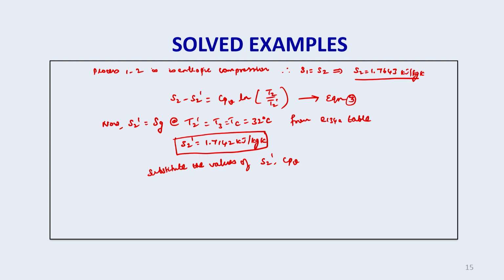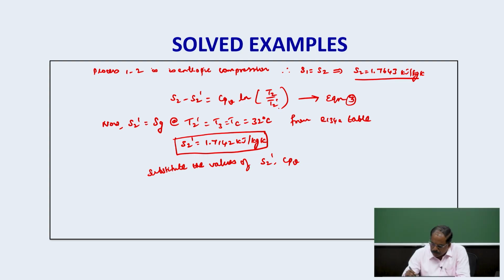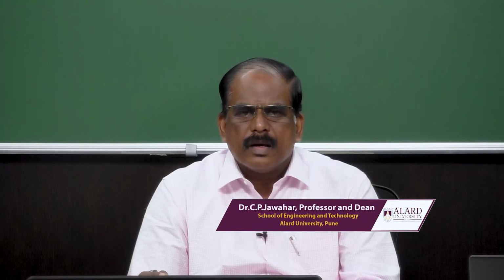For Cp of vapor, again we need to find out for the average of T2 and T2 dash. But because T2 is unknown, we need to find out Cp of vapor corresponding to the temperature T2 dash. So I will stop at this point. So with this, I conclude this lecture. Thank you.